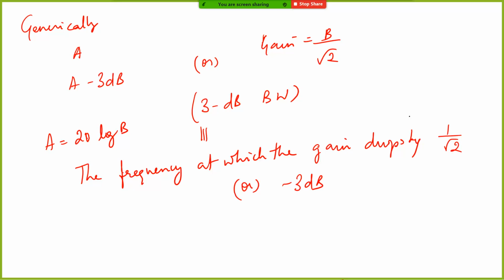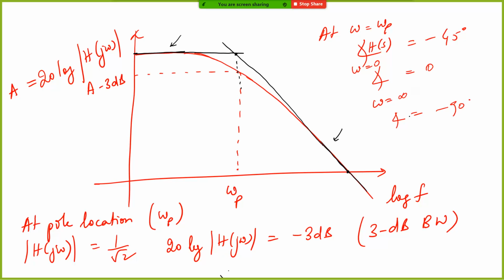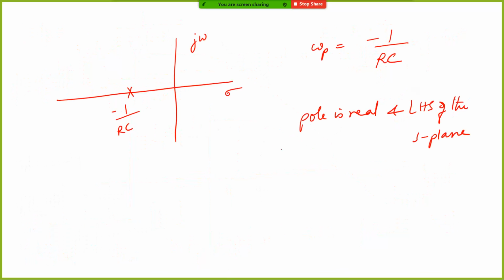The relationship between the time constant, the pole frequency, and its position in the S-plane. Another way to know it: if your pole moves more towards the left-hand side of the S-plane, the pole magnitude is larger, basically higher bandwidth. If the pole moves closer to the x-axis, it means lower bandwidth. Correct?